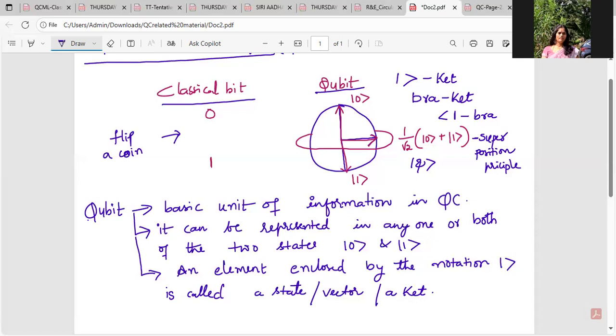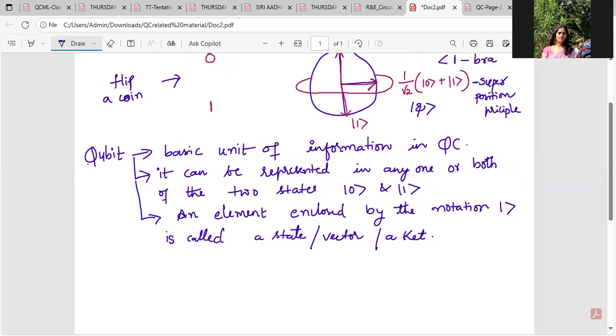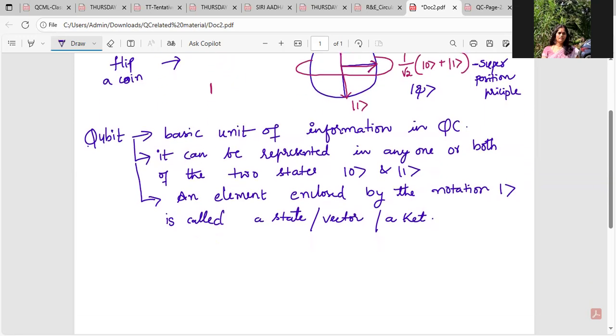And according to all the people who talk about quantum computing, the superposition principle is the strongest point of a quantum computer compared to classical computers. I'll go into the details a little later in the next videos.